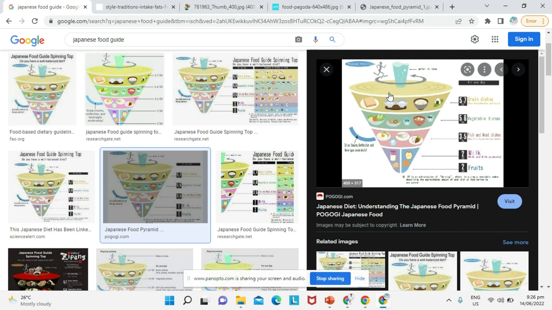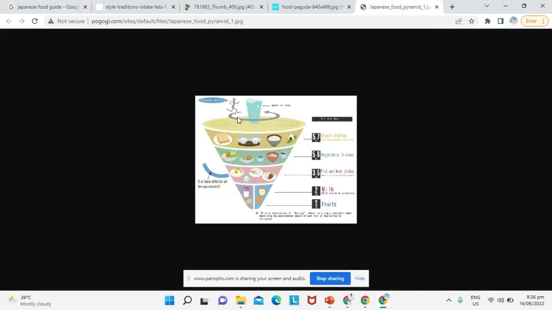That's the Japanese food guide. Pero ang ka-unique niya is spinning siya. That means we have to assume that this illustration is mobile, is spinning, and the only way to spin the top, no, is as if you do the physical activity. So to keep the food guide running, you have to pair it up with exercise and water.